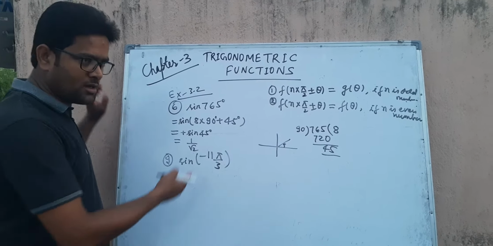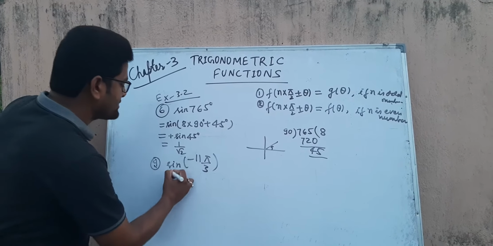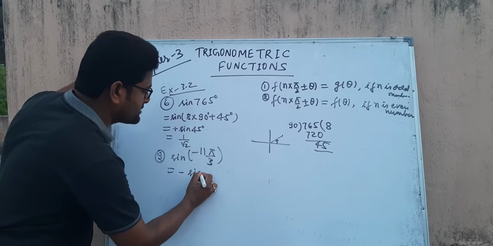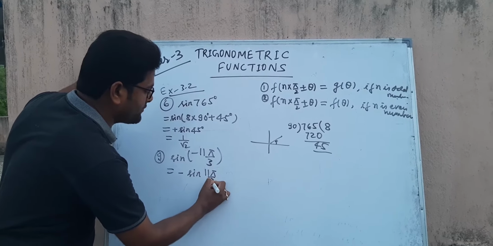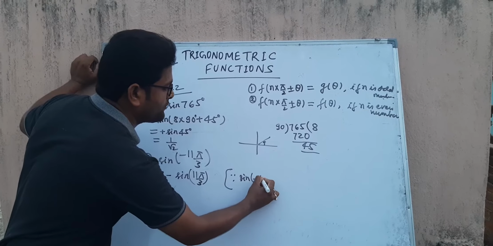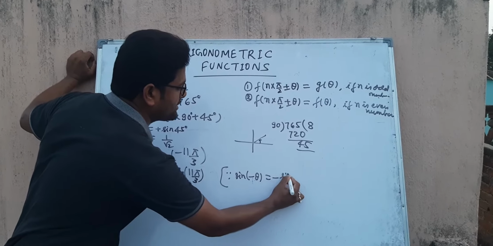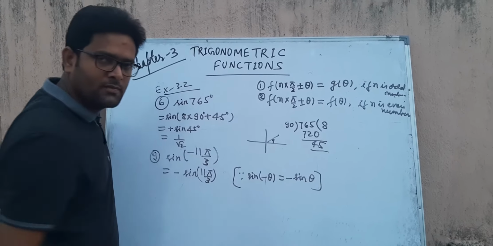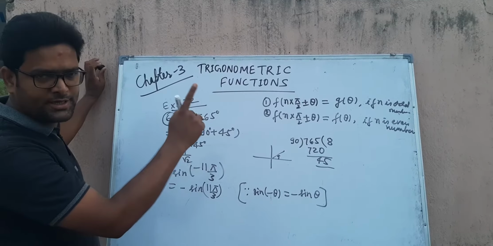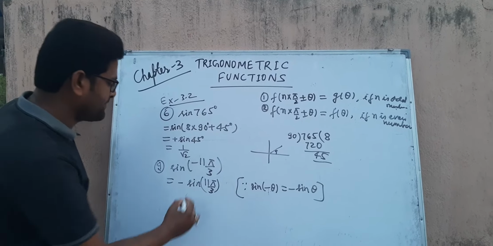I have explained earlier in my previous videos, sine minus theta is minus sine theta. So you can write it as minus sine 11 pi by 3, since sine of minus theta is equal to minus sine theta. Whenever you get confused, you can draw that circle of radius 1 unit and you can understand it.